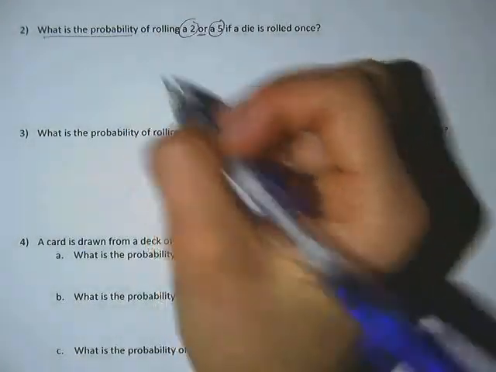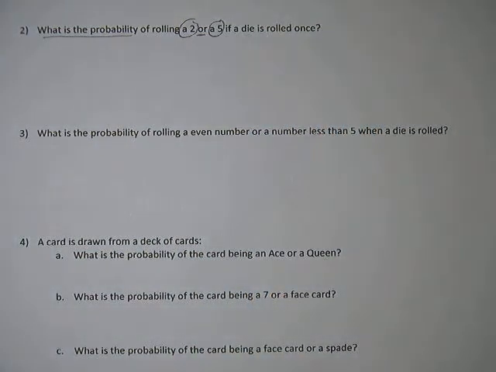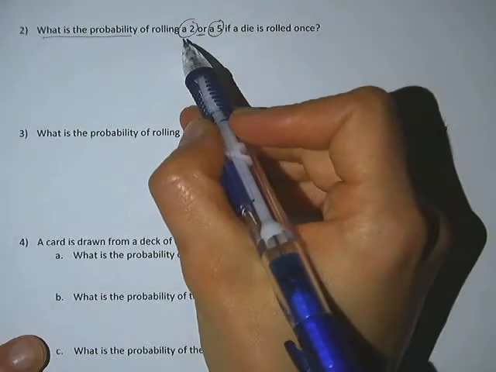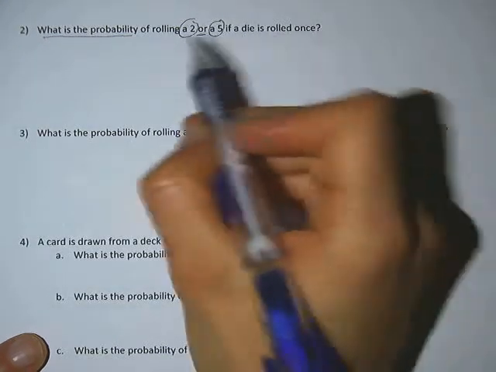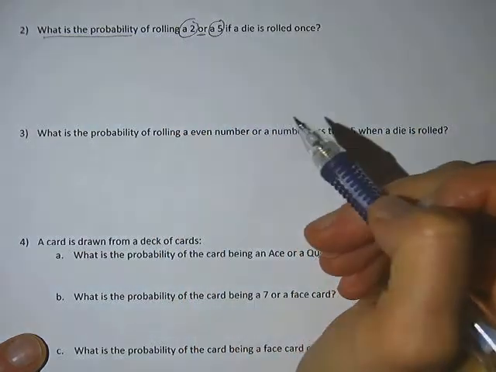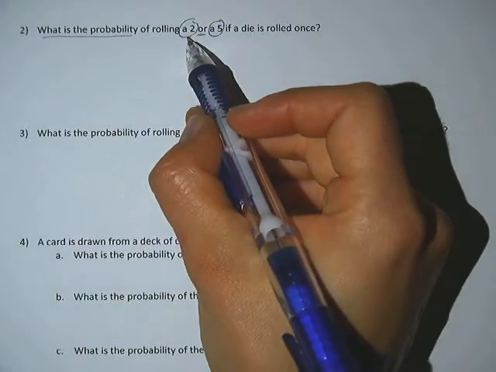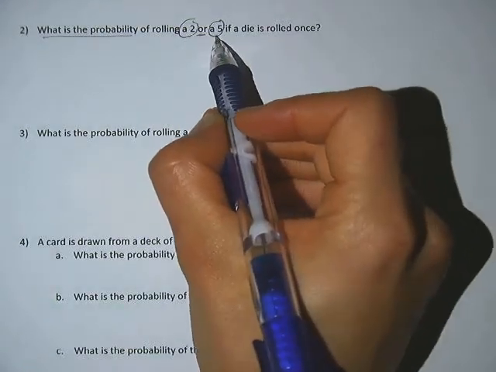So before you actually try to work the problem, you want to try to figure out, is it mutually exclusive or not? Okay, so when you roll a die one time, is there a chance for you to get a 2 and a 5 when you roll it? No, you're either going to get a 2 or a 5.